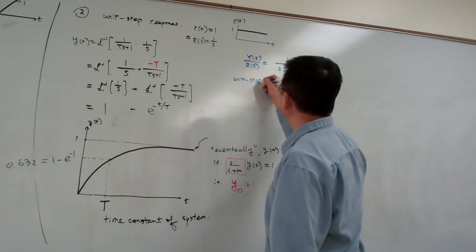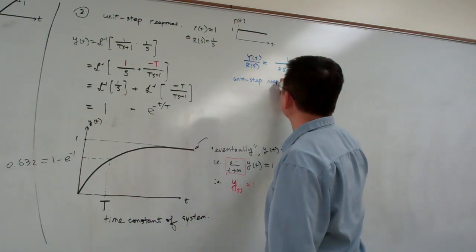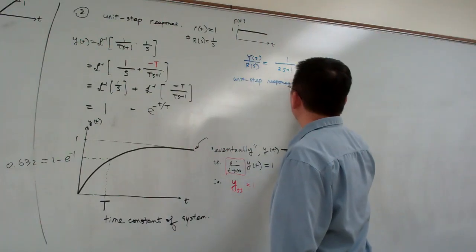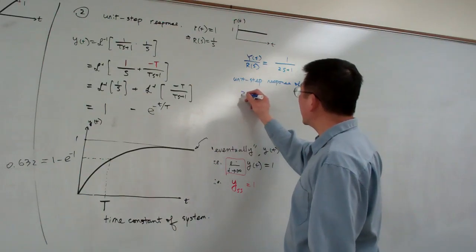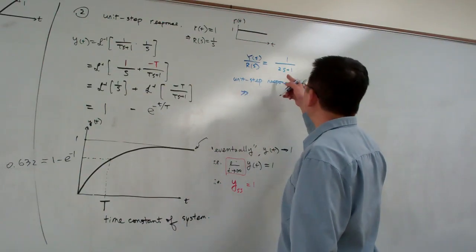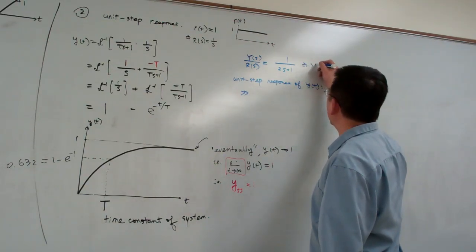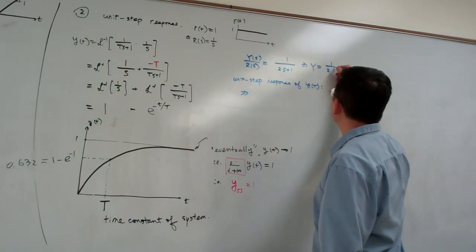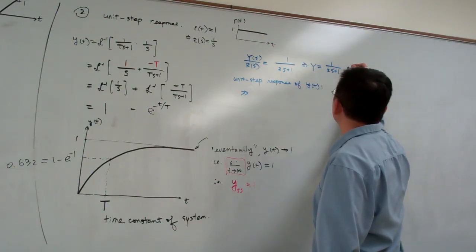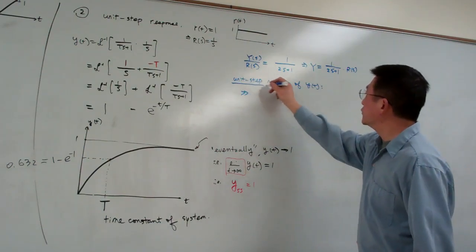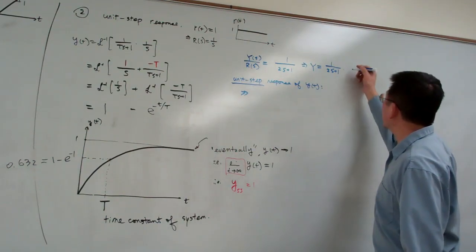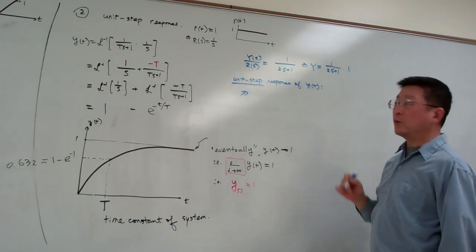step response of y(t), in MATLAB you can do this. From here you can see Y will be equal to (2s plus 1) times R(s), and when we deal with the unit step input, R(s) equal to 1 over s.